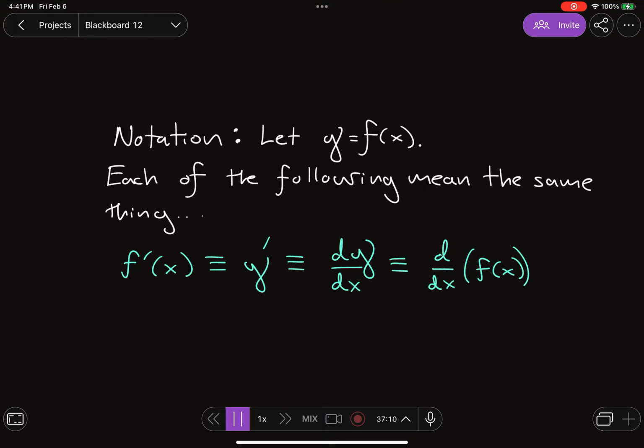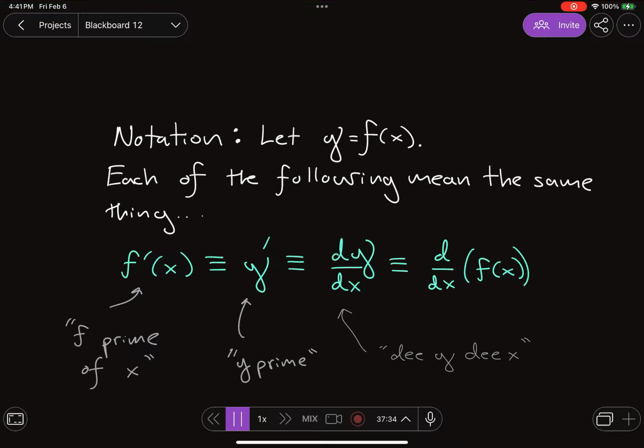Let me write that down. F prime of x. That's how we would read that. We would simply read this as y prime. We simply read this one as dy dx.